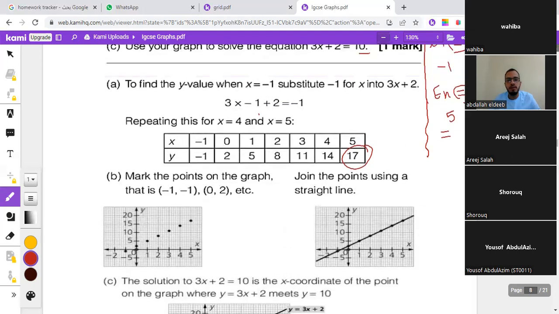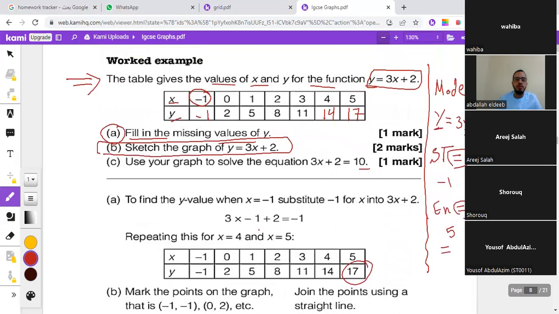But your question is how we find the x value when the y value is given. Okay, we have a question like this. But now focus here. In A and B, now you understand A and B?